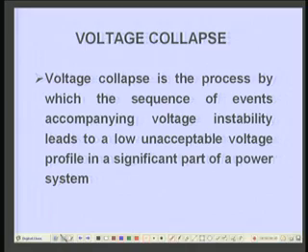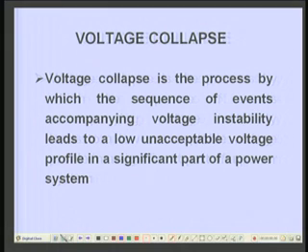Now, I will take one typical scenario of voltage collapse, how the voltage collapse phenomenon takes place in the system. First we have to understand what we mean by voltage collapse. Voltage collapse is the process by which the sequence of events accompanying voltage instability leads to a low, unacceptable voltage profile in a significant part of the system.